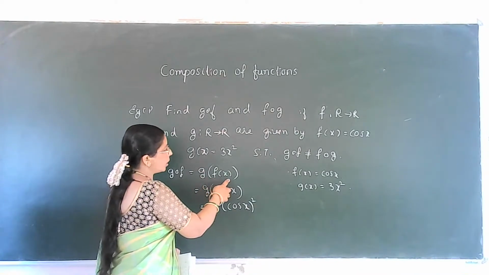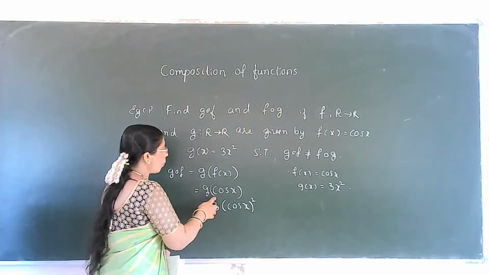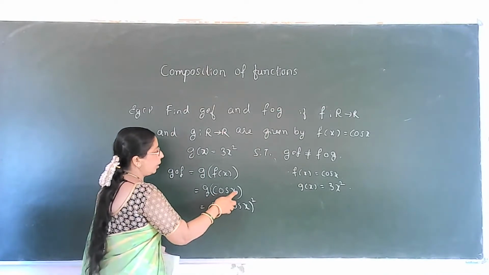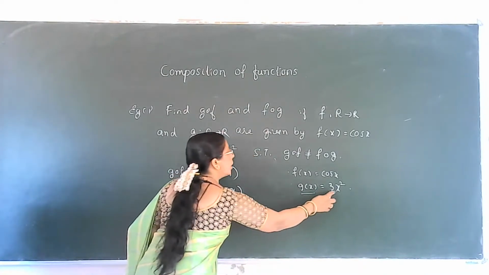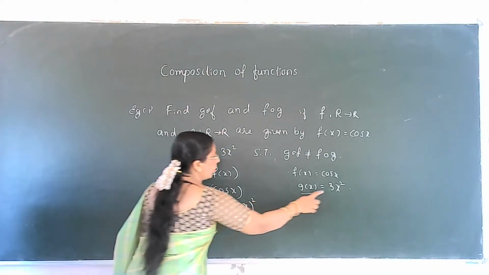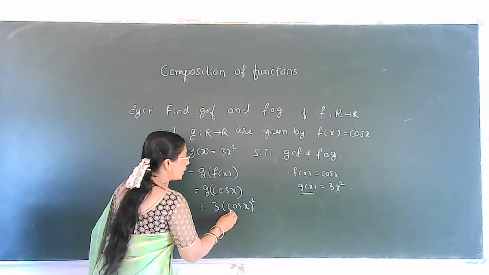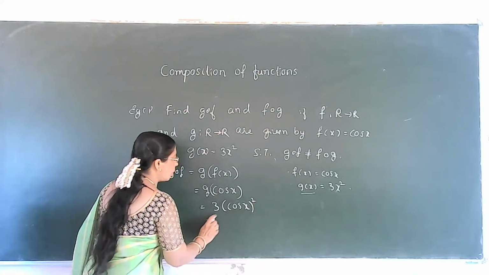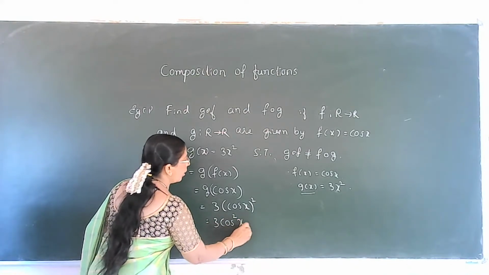We put f of x equal to cos x. Then g of cos x means we substitute cos x in the g of x function, which is 3x square. We put cos x in place of x, replace x by cos x. Then its square, which is equal to 3 cos square x.